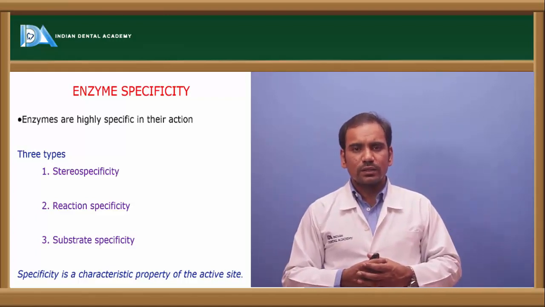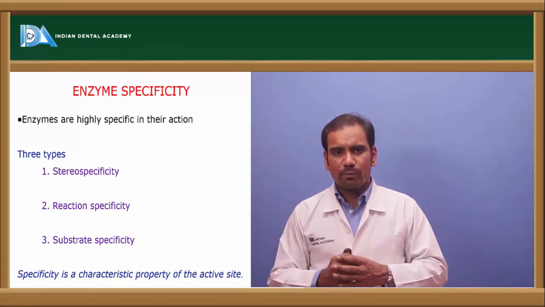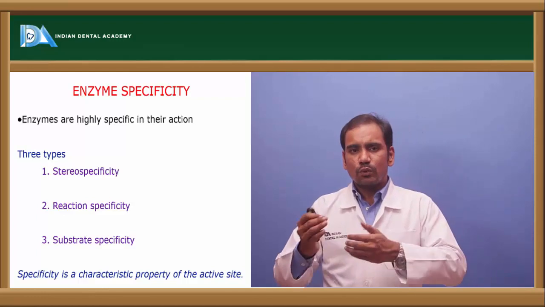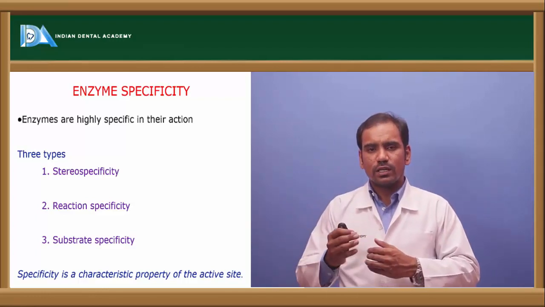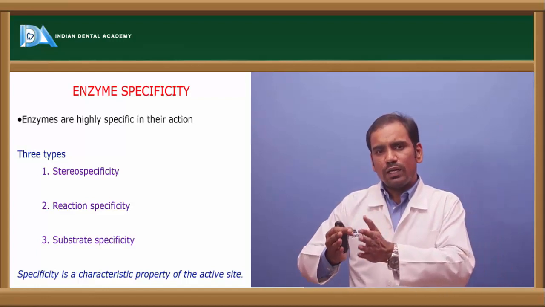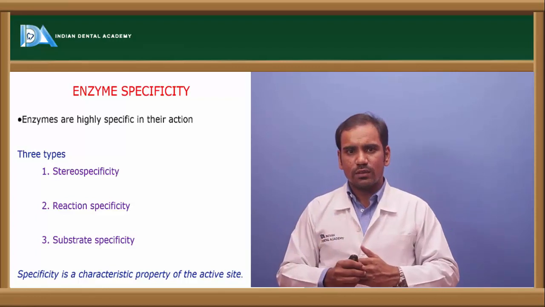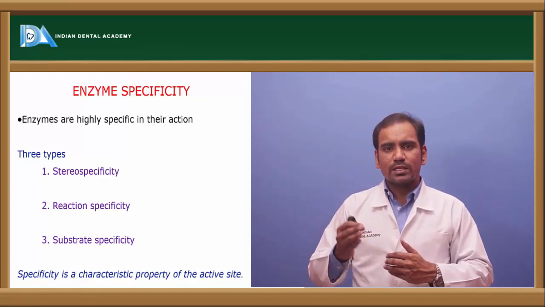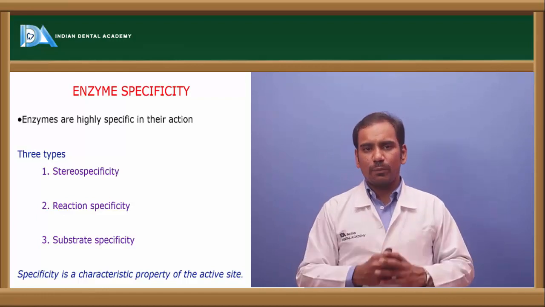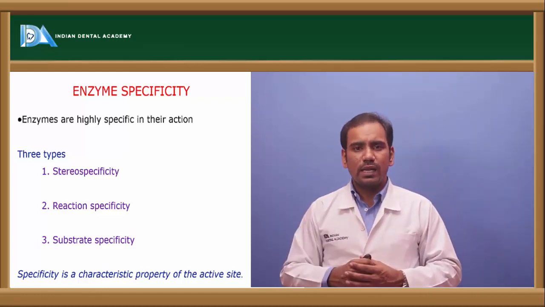We discussed that we have two types of amino acids, D amino acids and L amino acids, and enzymes are specific to each type. There are some enzymes which act on only D amino acids, and some which act only on L amino acids. For example, D amino acid oxidases act only on D amino acids, and L amino acid oxidases act only on L amino acids.